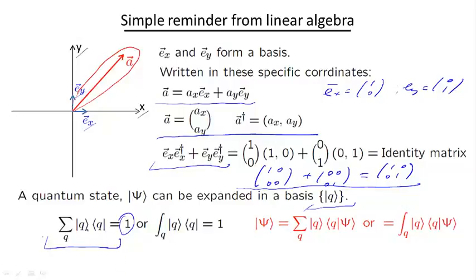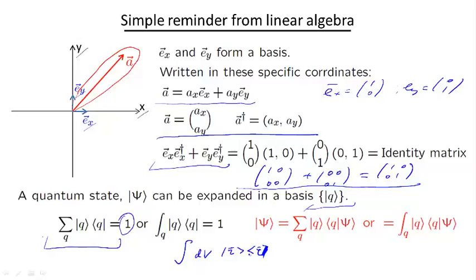For example, I haven't really specified the physical meaning of this Q, it can be anything. One example we're going to see pretty often is the integral over volume of a product like this, where these vectors correspond to eigenstates of the position operator.